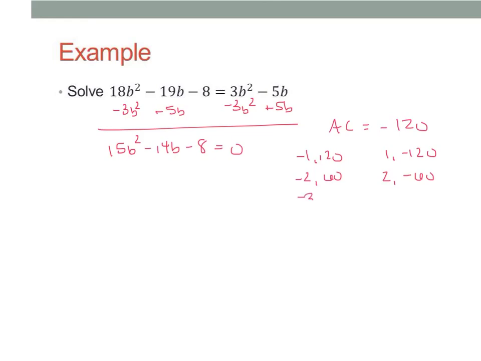So you get negative 3, positive 40, positive 3, negative 40, negative 4, positive 30, positive 4, negative 30. I don't think I've yet come to anything that gives me negative 14.